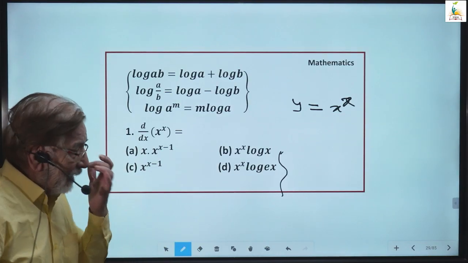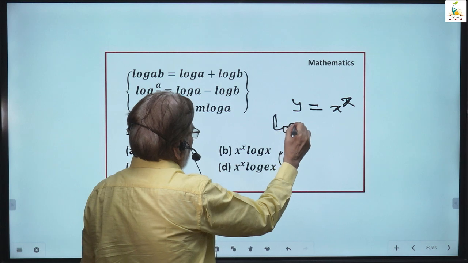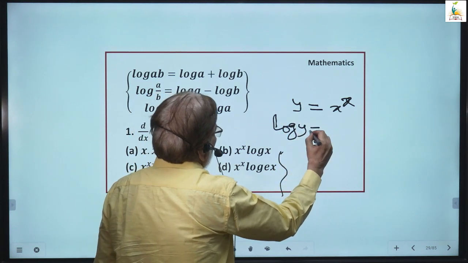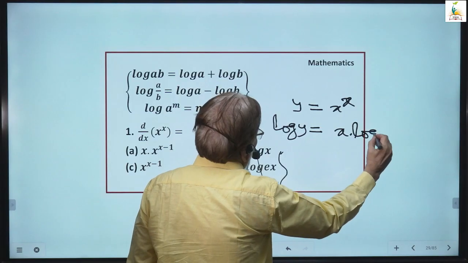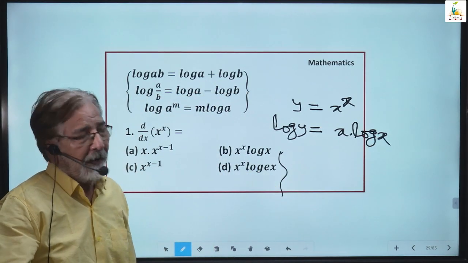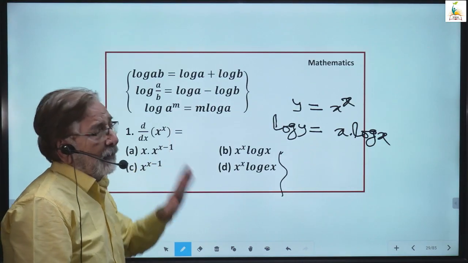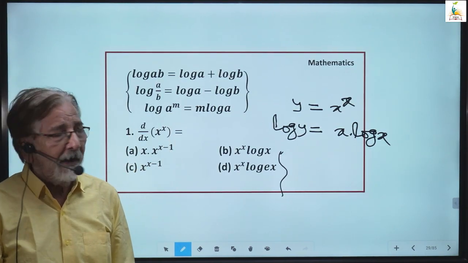So log of y will be equal to x log of x. I have applied log of a raised to m is equal to m log of a. Always remember, if the base of the logarithm is not mentioned, it should be taken as e.